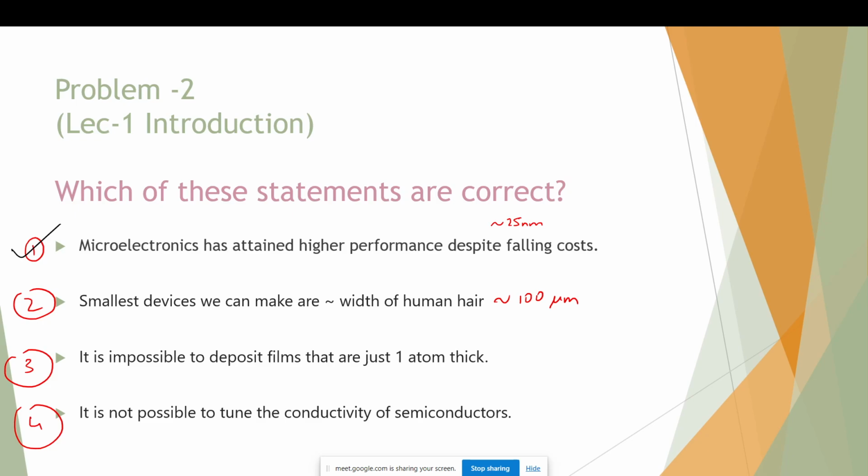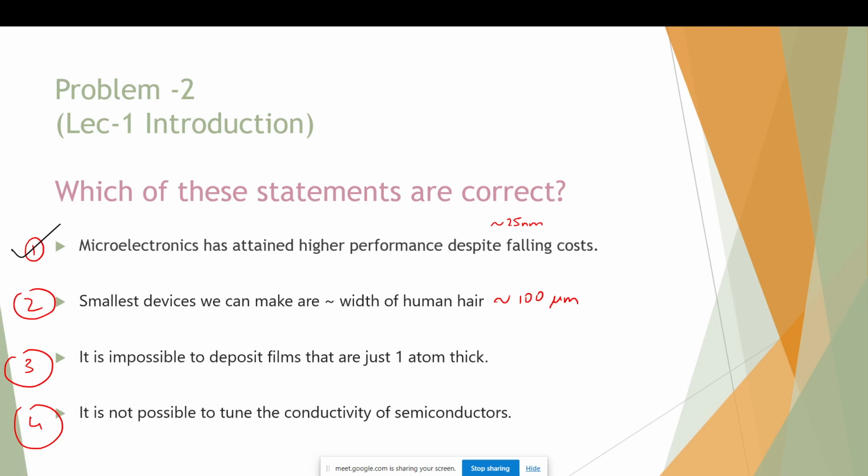These days we all possess electronic devices which have IC chips, and it's not that expensive. Earlier it used to be much more expensive to possess a computer or electronic device, but as the technology has progressed, we are getting higher performance and the costs are also reducing.